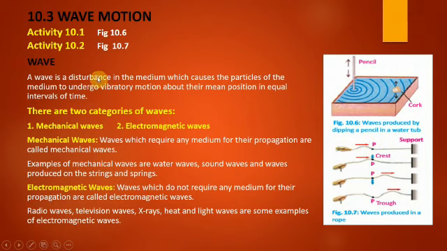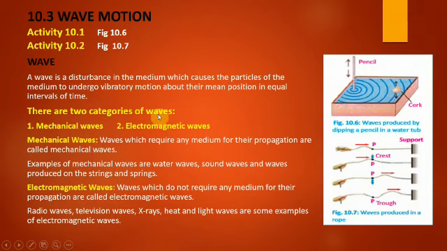So when a medium is disturbed, and this disturbance causes the particles of the medium to undergo vibratory motion, जब हम इसको disturb करते हैं, due to this disturbance the particles of the medium, in this case water, in this case string, they start vibrating. जब वो vibrate करना शुरू करते हैं, then this vibration is called wave. So इसका मतलब ये हुआ कि wave basically disturbance है किसी medium में जो vibrations produce करती है.